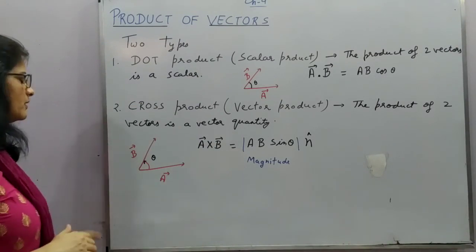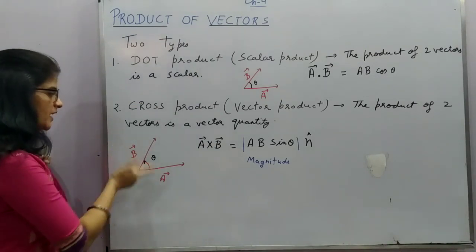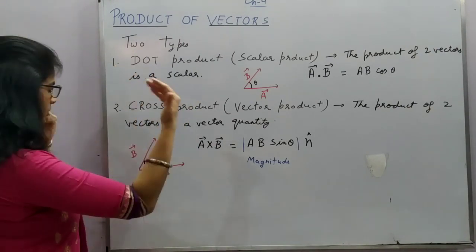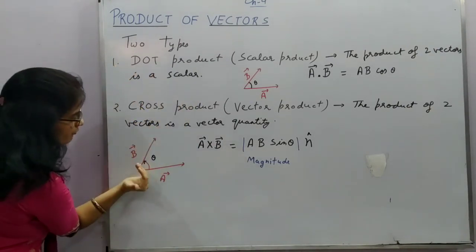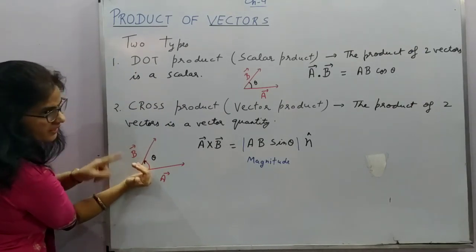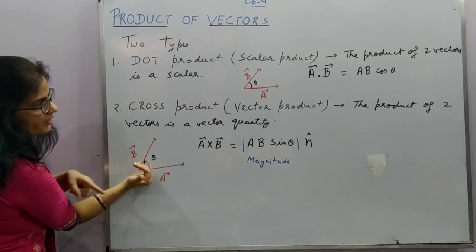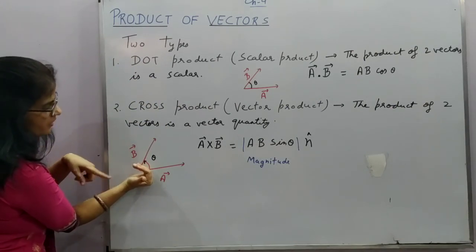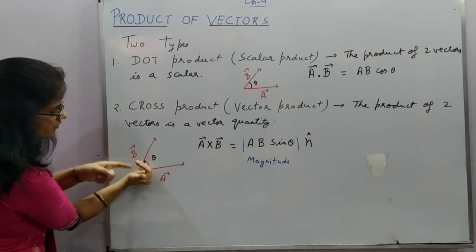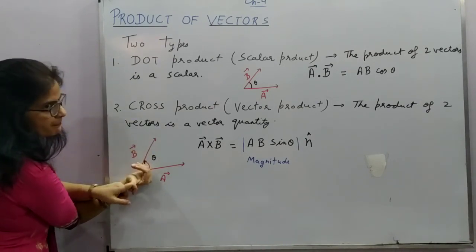So right hand fingers rule, the right hand thumb rule. Fingers are along the sequence of the vectors, then the thumb gives the direction of the normal vector, which is normally outward to the plane. So if I am showing these fingers A to B, then A cross B direction will be along the thumb, right?